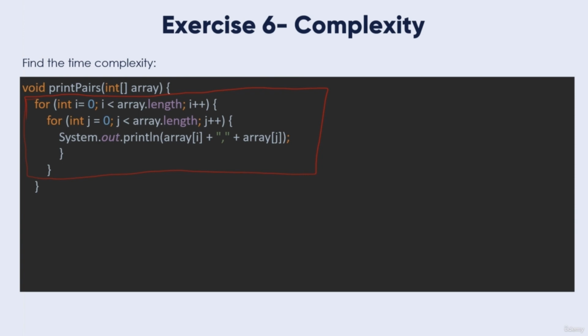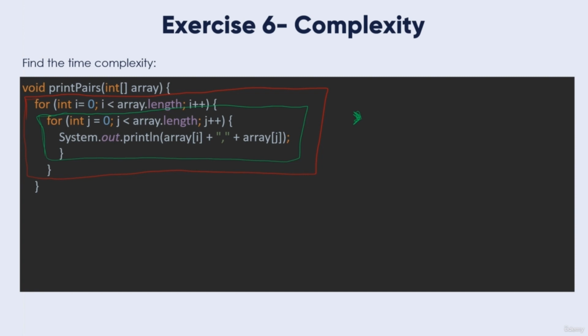This is the body of the outer loop. So the outer loop here will be resulting in I equal to 0, it is the initial, and I less than array.length.